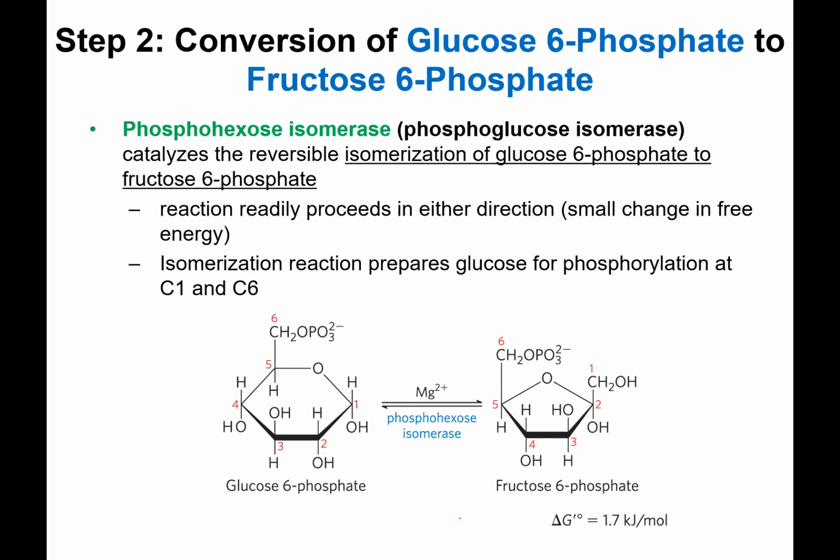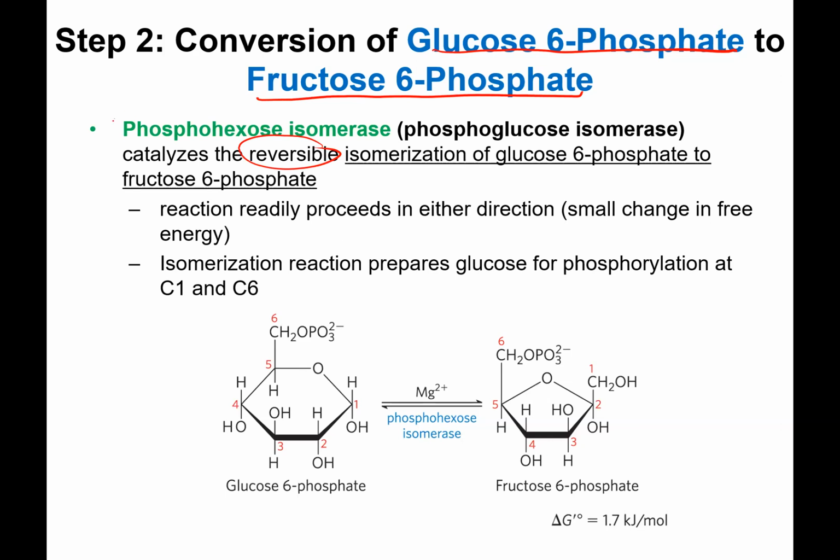Step 2, we have to take glucose 6-phosphate and convert it to fructose 6-phosphate. Good thing you know these carbohydrates so well at this point, right? These are molecules that you definitely know. So this is a reversible reaction.